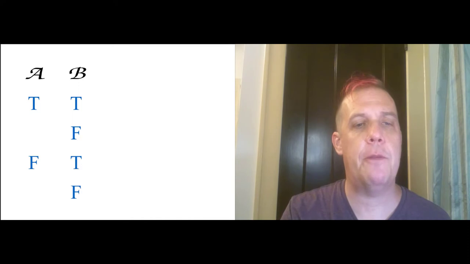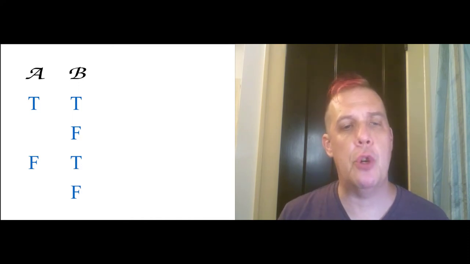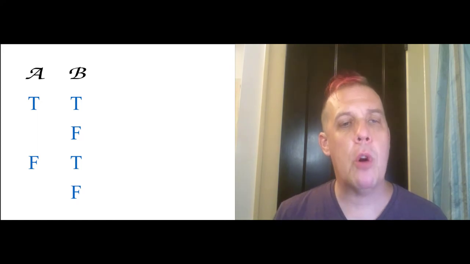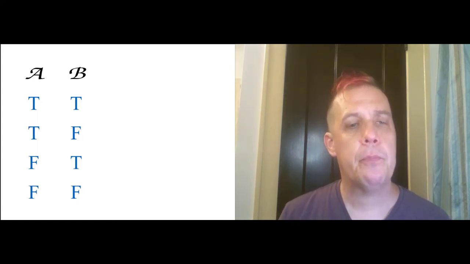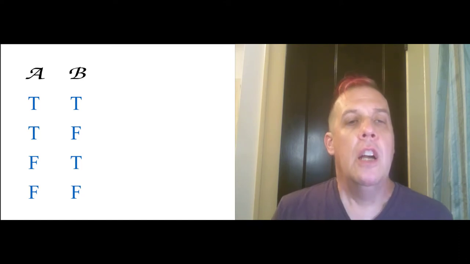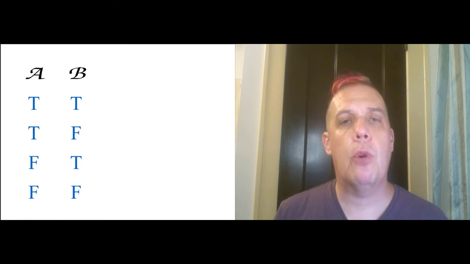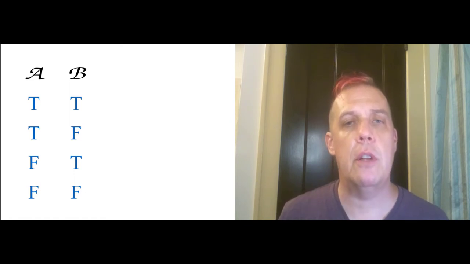Similarly, if A is false, B can be true or false. And so that gives us 4 possibilities. And we'll just fill out the line here, right? So there are 4 possible inputs for any sentence with a sentential connective that's hooking up 2 other sentences.